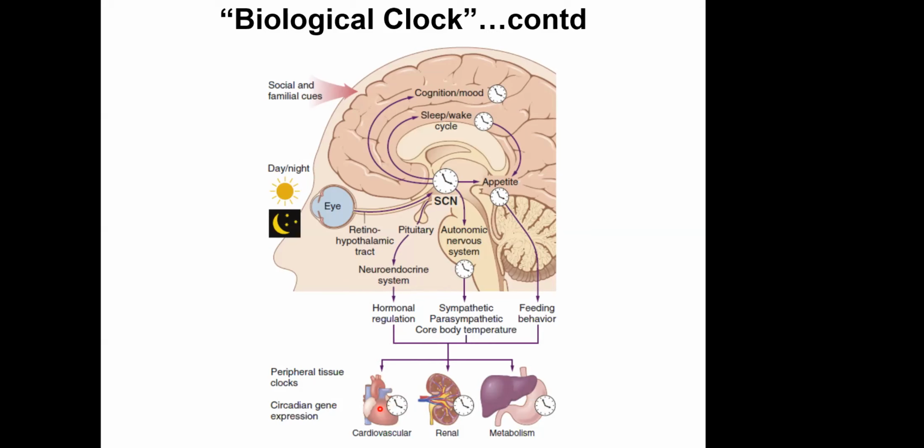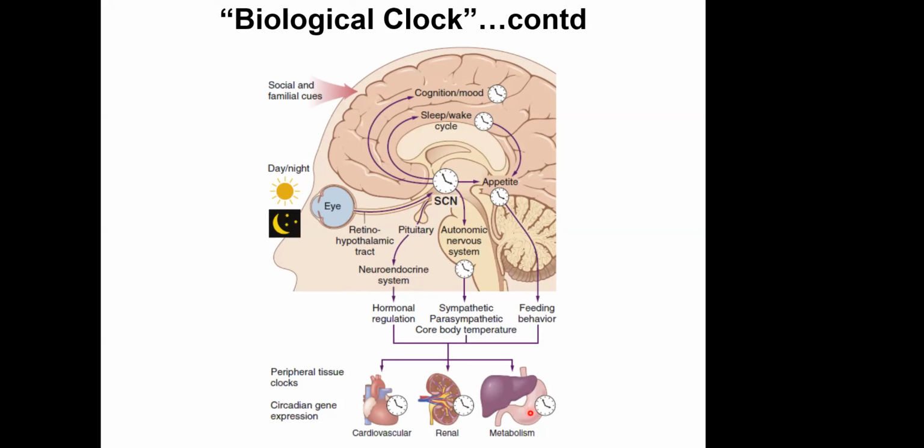So during the day, you have a certain cardiovascular profile, your heart rate, your cardiac output is at a certain level. While when you sleep, you don't need that level of cardiovascular activity. So it changes. Same is the case with kidney. How kidney functions during the day is different when you are asleep.